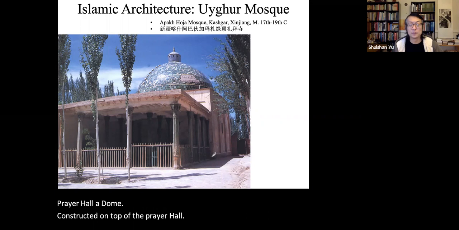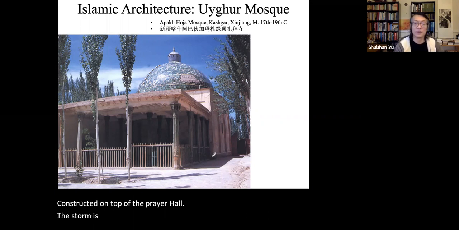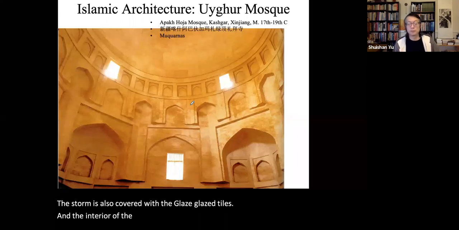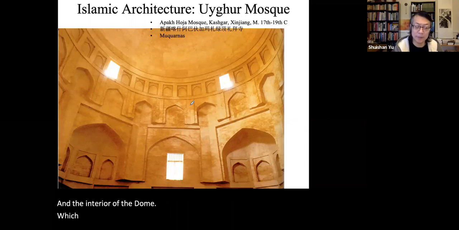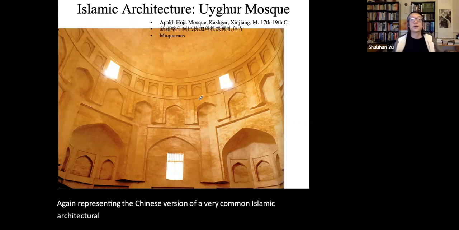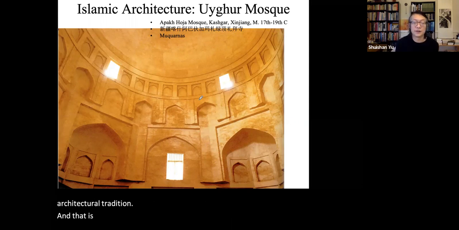And this dome is also covered with glazed tiles. And the interior of the dome, again, represents the Chinese version of a very common Islamic architectural tradition. And that is the muqarnas.